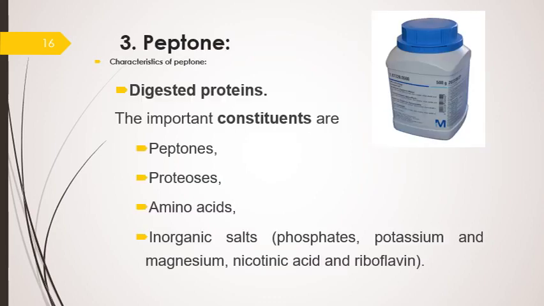So the other most important ingredient is peptone. It is a universal ingredient for common media. When we look at the characteristics of peptone, basically it is a complex mixture of partially digested proteins, and it contains proteoses, amino acids and inorganic salts that are mostly phosphates, potassium and magnesium.